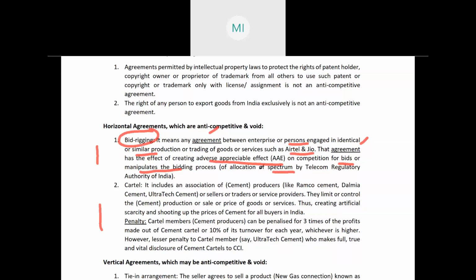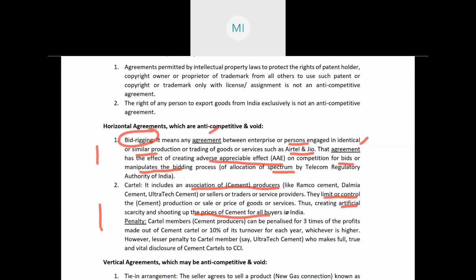Cartel. See, this is actually a live case, in which an association of cement producers like Ramco, Dalmia, Ultratech, and so many others, were all cement producers' association. What they did was they controlled the cement production, by which artificial scarcity was created and cement prices went up for all buyers in India.